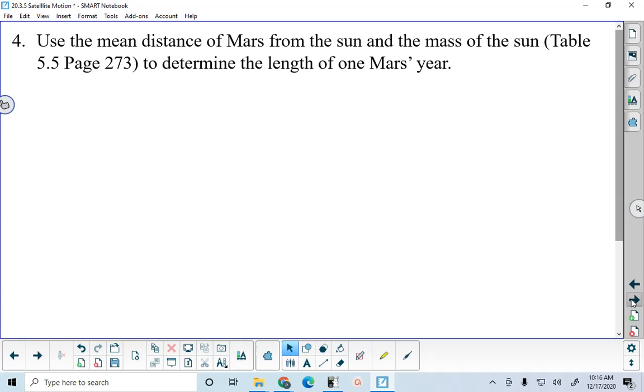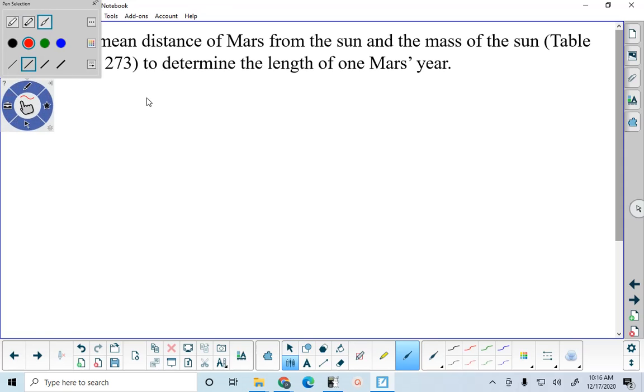All right. What is the length of one Mars year? So if Mars has seasons, and it does, how long does it take for Mars to return to its same place in orbit? Well, lightning quick here. I'm not even sure you need to write this down. F net equals Fg. This is ma.